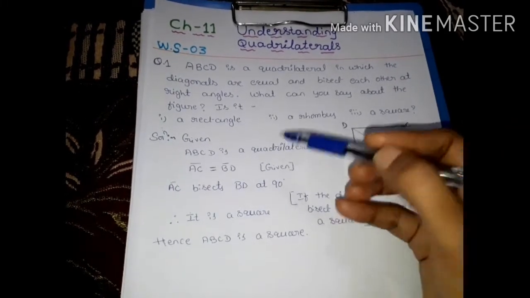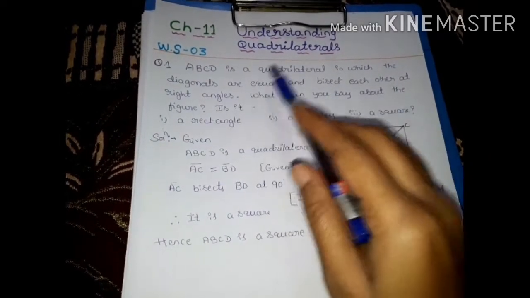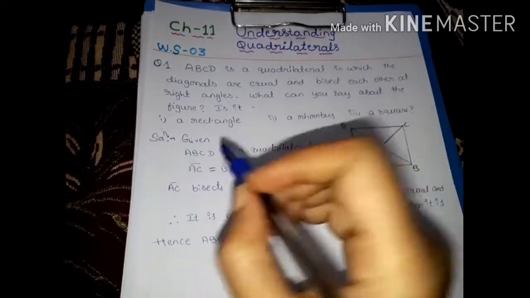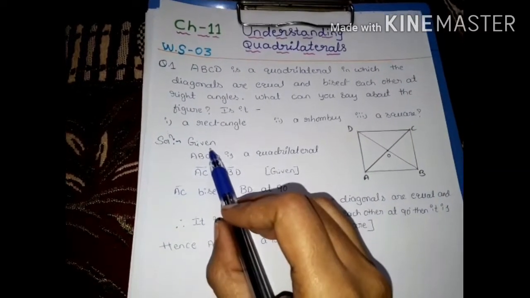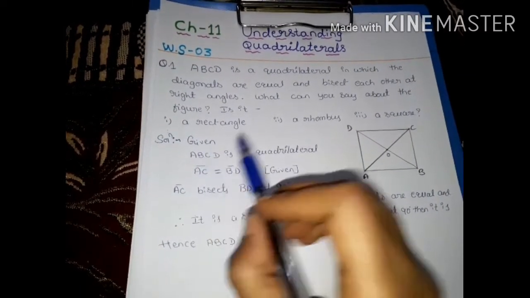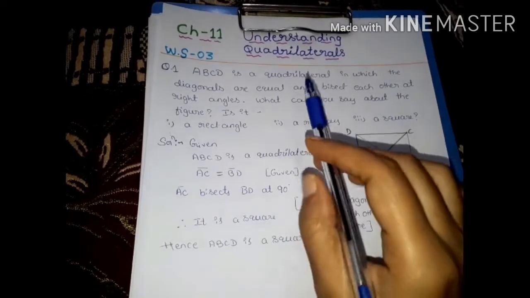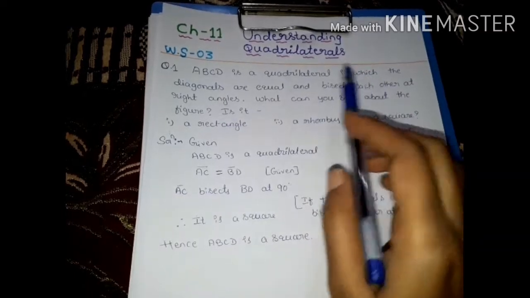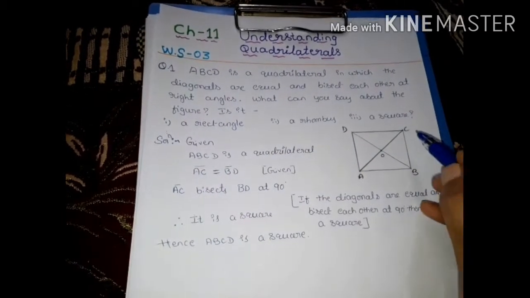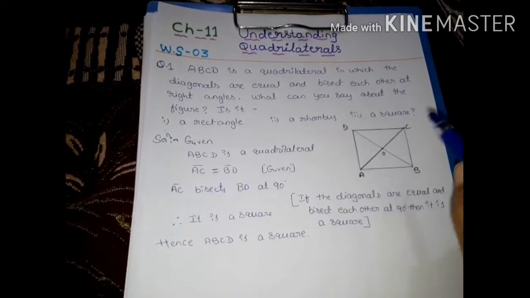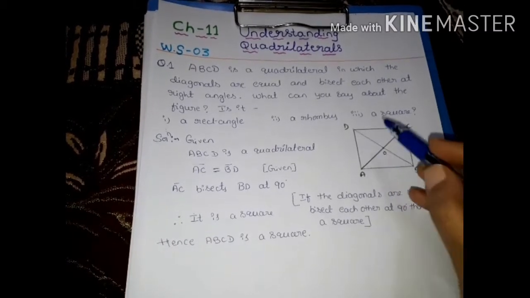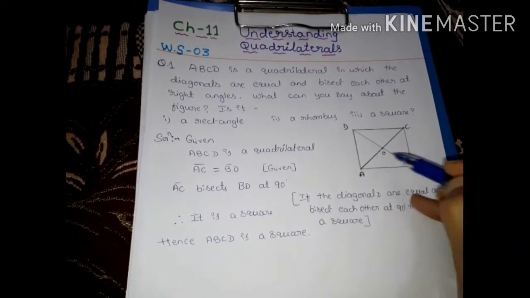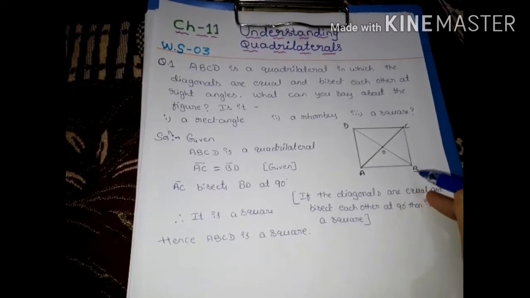Now let us discuss how the given figure ABCD becomes a square. In the solution you first have to write: given ABCD is a quadrilateral. Condition given: diagonals are equal and bisect each other at right angles. So I drew one figure. ABCD is a quadrilateral. The diagonals are AC and BD.